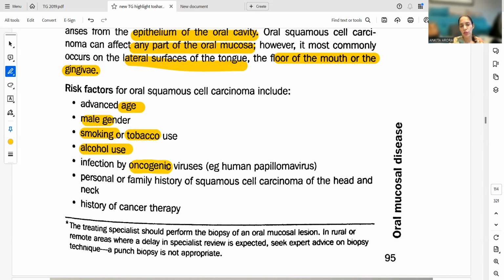Infection by oncogenic viruses. Human papilloma virus is a risk factor for oral carcinoma. Personal or family history of squamous cell carcinoma. So one needs to ask about history of oral mucosal diseases in the family also, if you suspect any lesion in the patient's mouth, and history of cancer therapy.